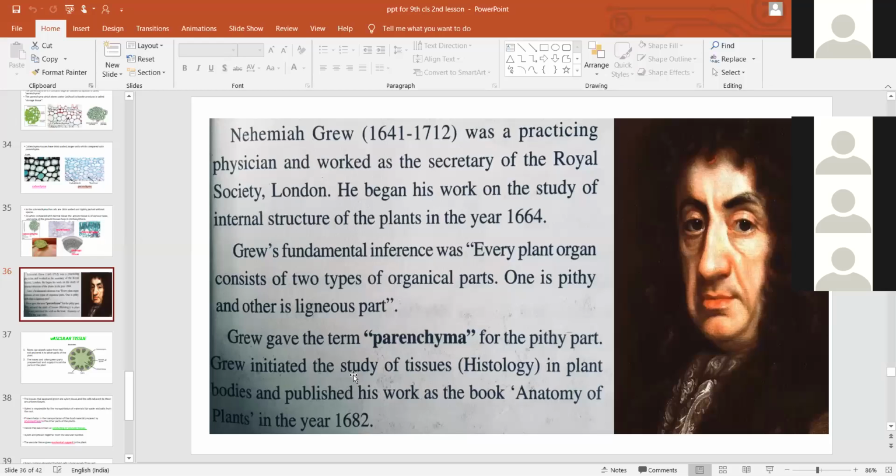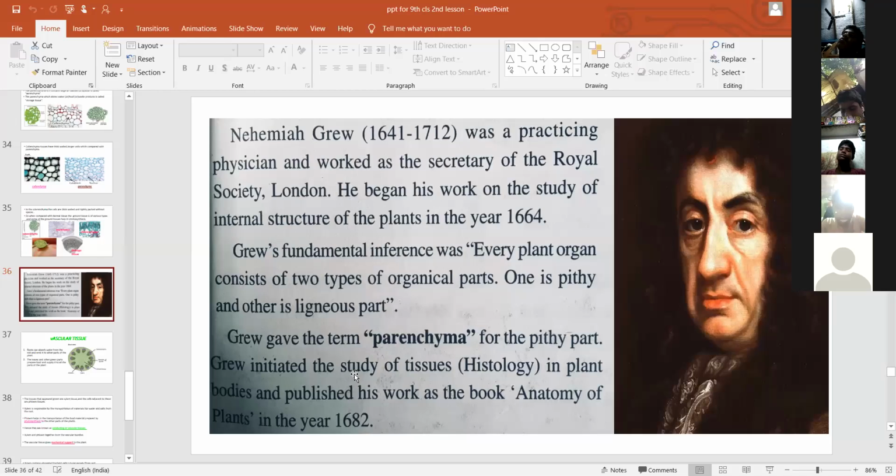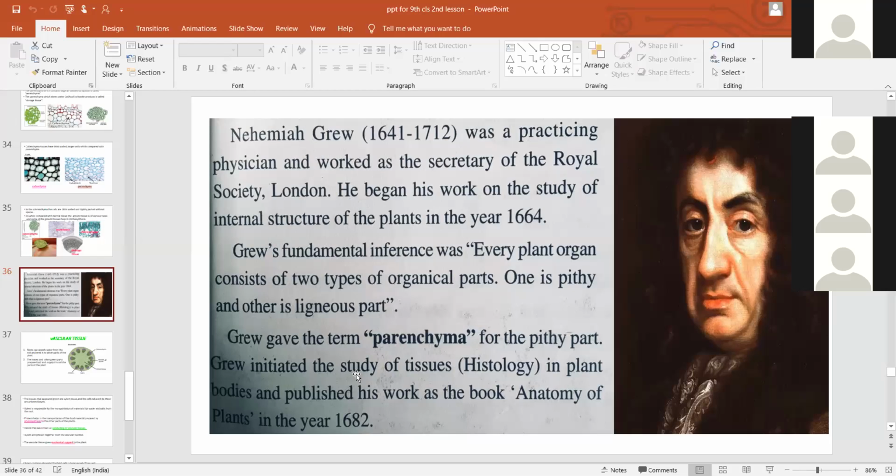He initiated the study of tissues in plant bodies, and he published a book called Anatomy of Plants in the year 1682.